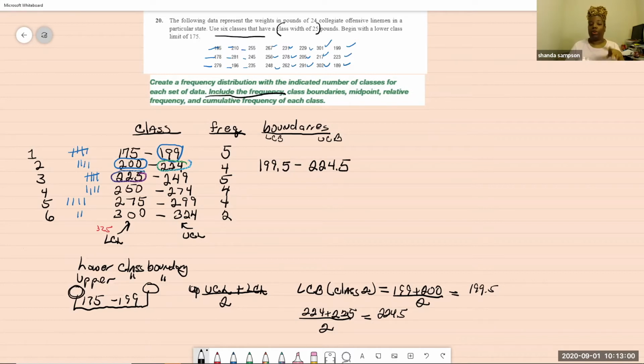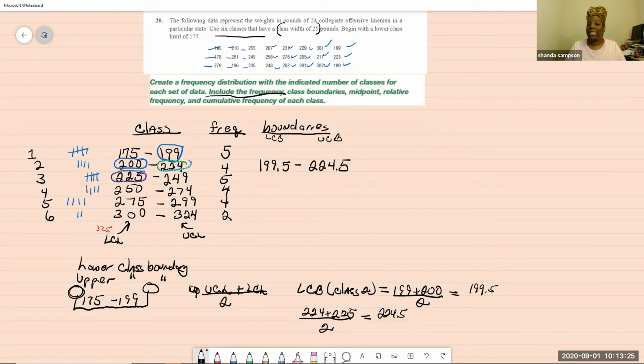Okay. So we have our class boundary for what? Class 2. So if your instructor asks you, what's the class boundary for class 200 to 224? You say, I got this. So you're going to say it's 199.5 to 224.5. That's what the lower class boundary is, 199.5, and the upper class boundary, what y'all, is 224.5, okay? So you know how to work it all the way down.